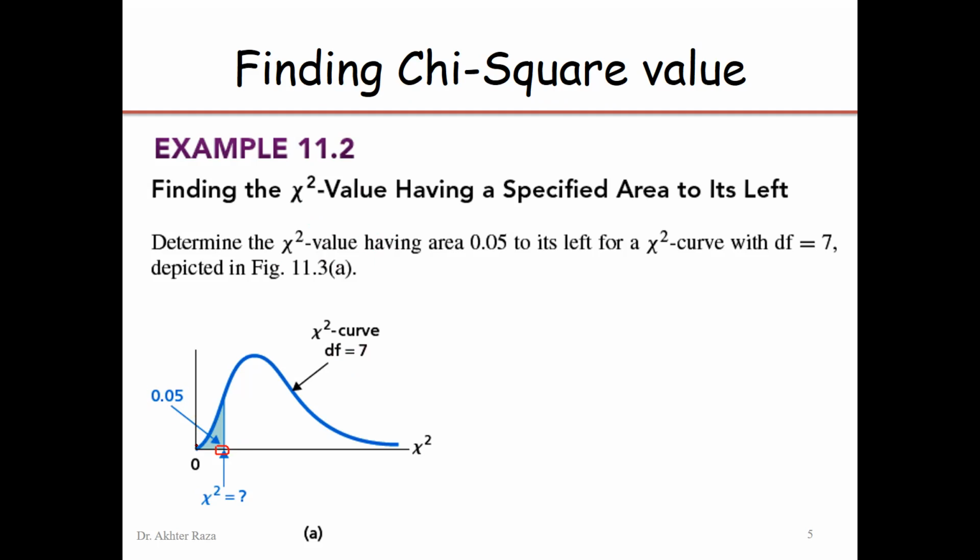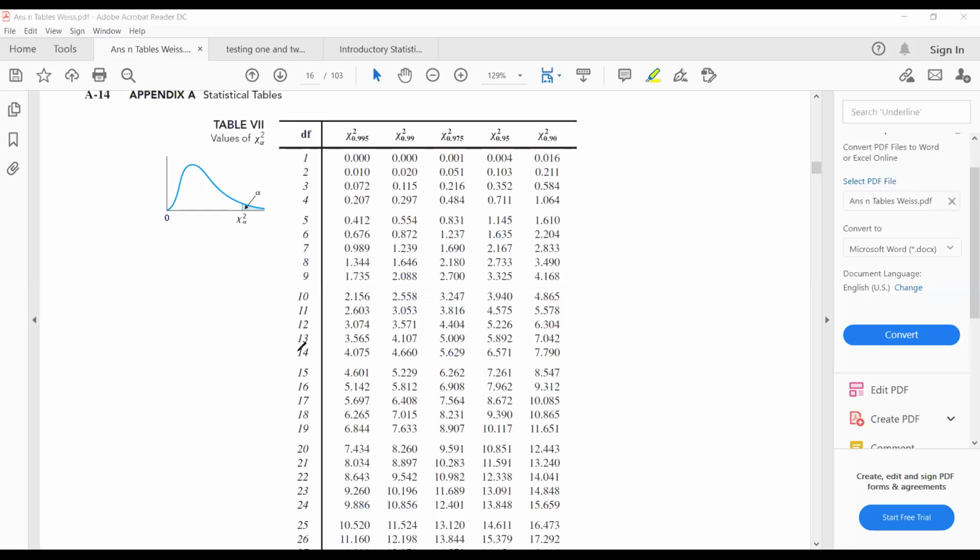The size of sample is 8, because if the size of sample is 8, then the degrees of freedom will be 7. And we have to take this value of chi-square statistic from the chi-square table at 0.05 level of significance. I'm demonstrating it in the table.